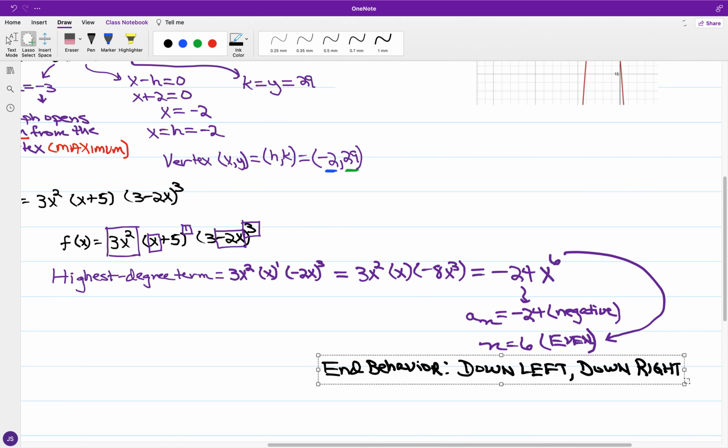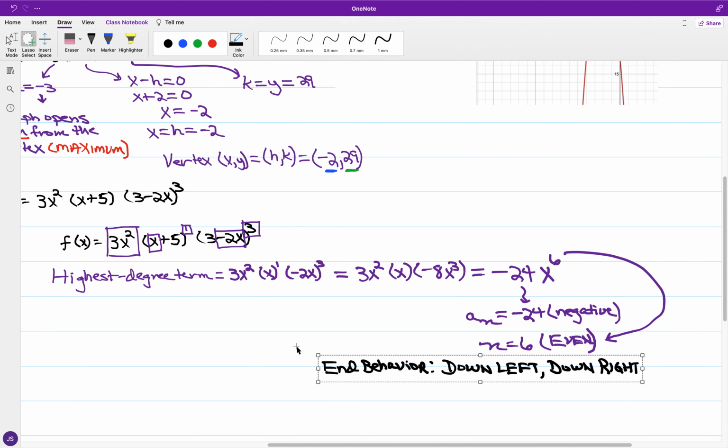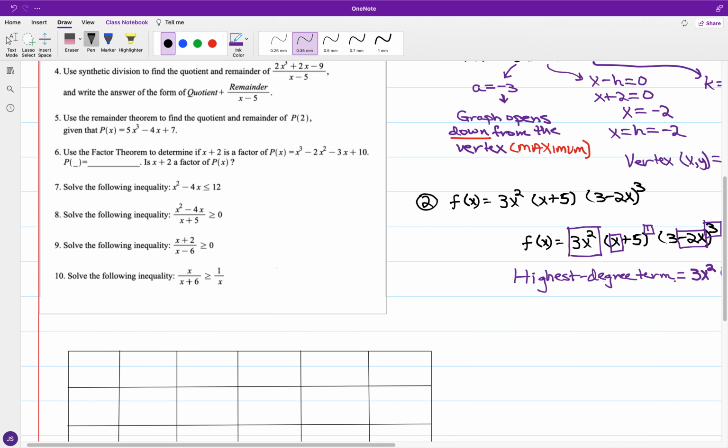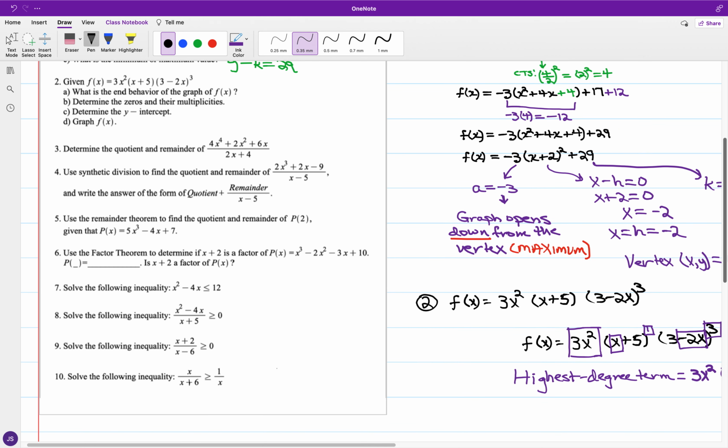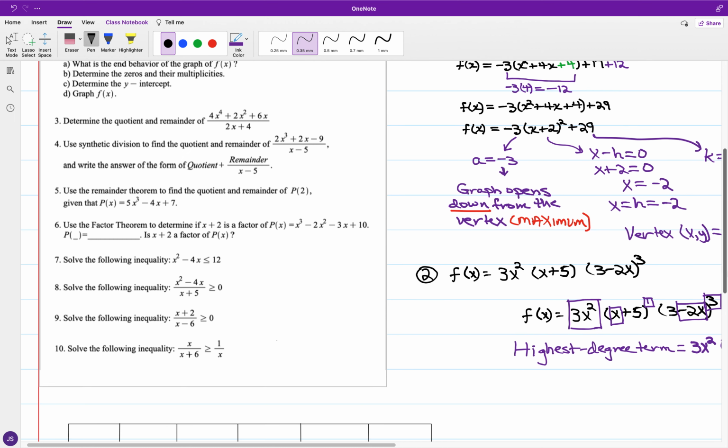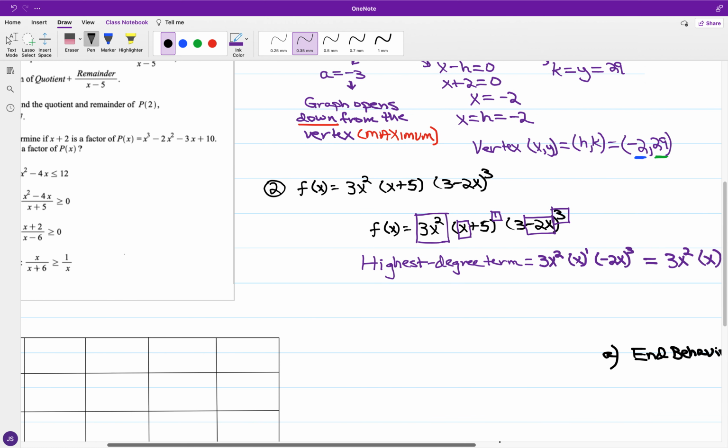Okay, and now for the next portion, this is going to be concerning the zeros and their multiplicities, and also where the graph crosses and touches the x-axis.